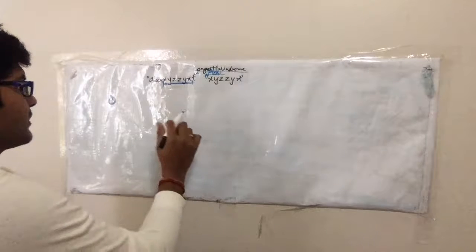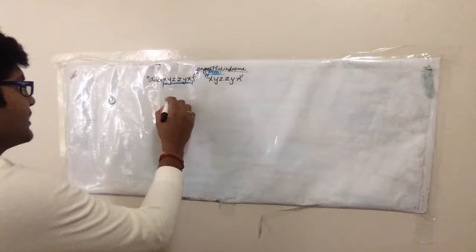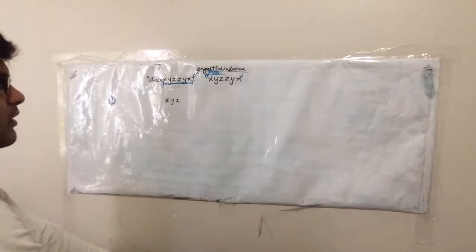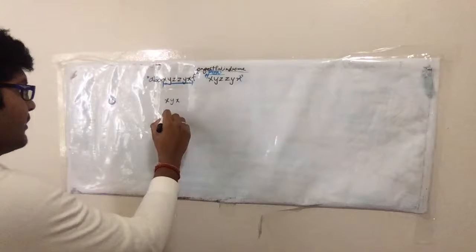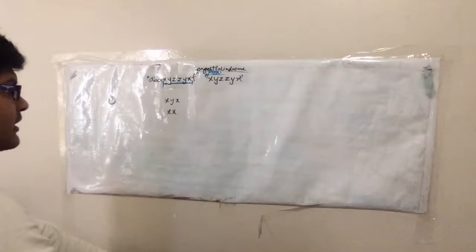There are two types: XYX is a palindrome of odd length, and XX is a palindrome of even length.